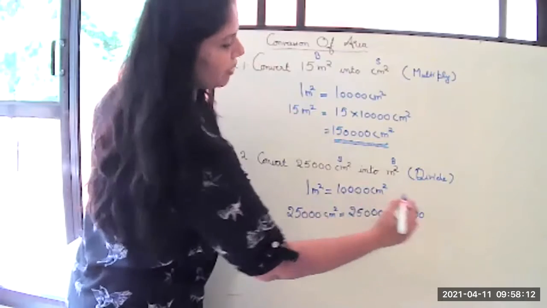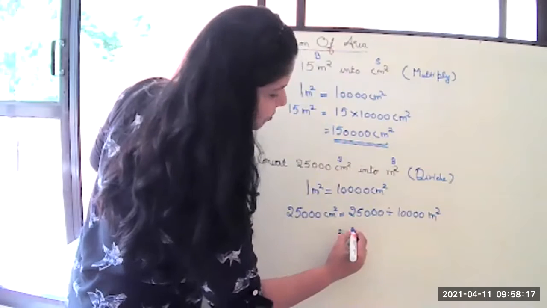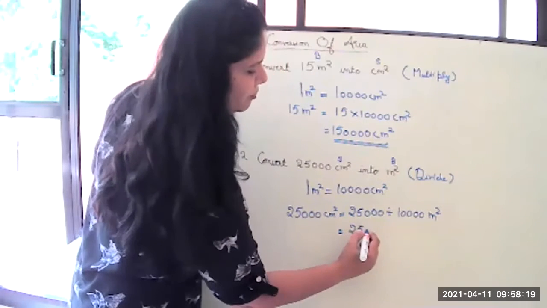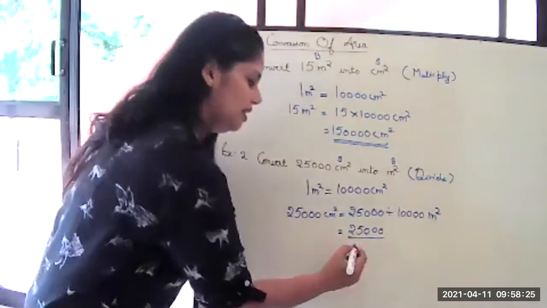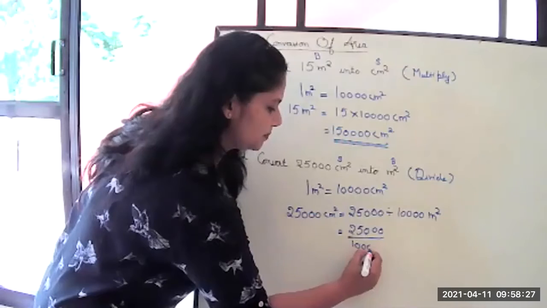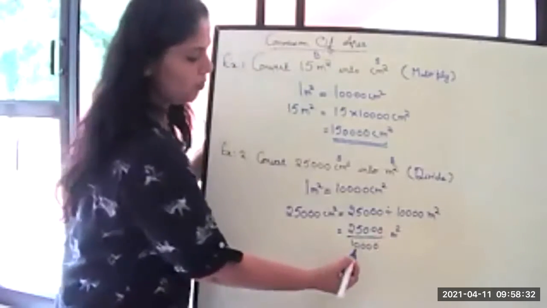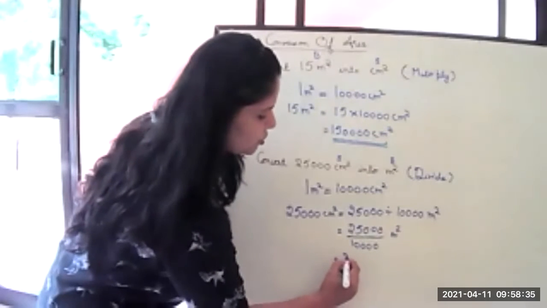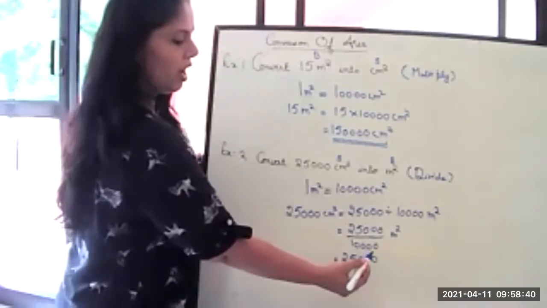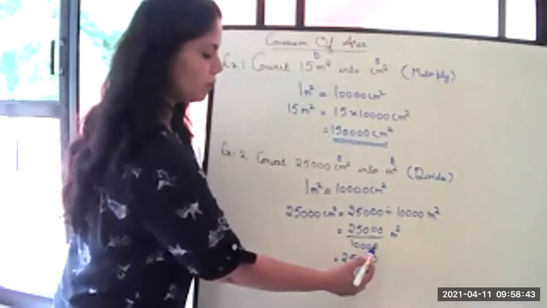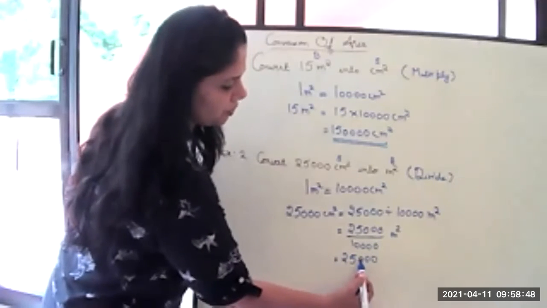But the unit will be meter square. So that is equal to, if I rewrite it, 25,000 upon 10,000. And the unit is meter square. So 25,000 I am writing as it is. Now how many zeros are there in this denominator? 1, 2, 3 and 4. So from your right hand side, 1, 2, 3 and 4.